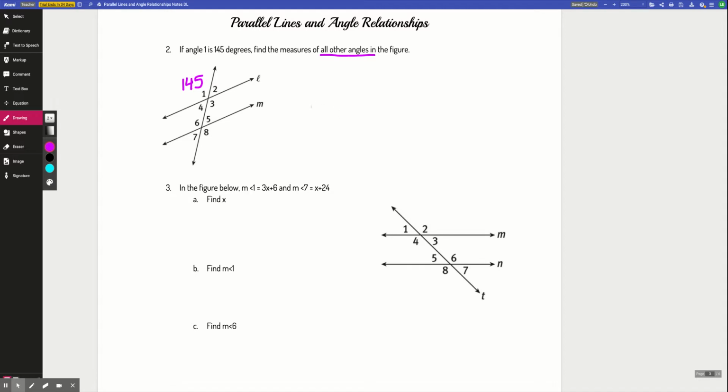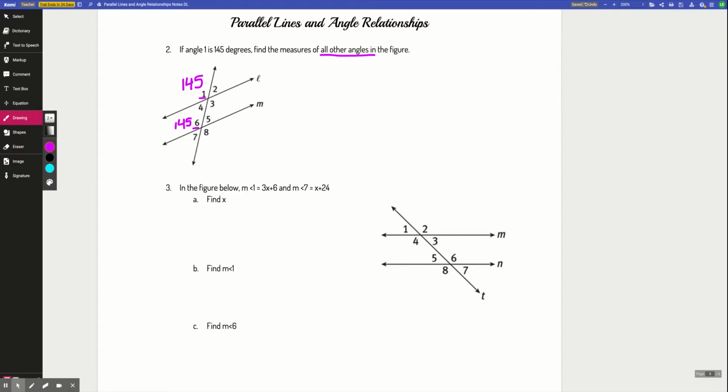If you watched the other video, we know that all of the obtuse angles in this picture have the same measurement, and you can see that from the angle relationships. If angle 1 is 145 degrees, then angle 6 also has to be 145 degrees because they're corresponding. They're in the same spot in their group of 4.